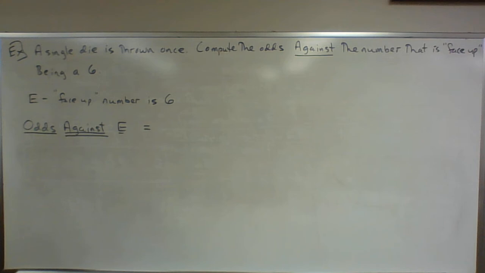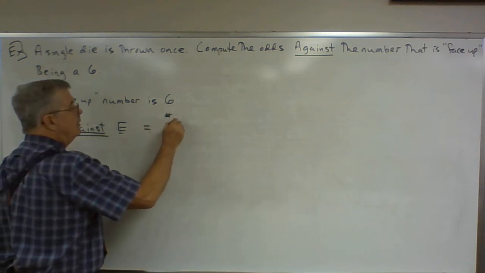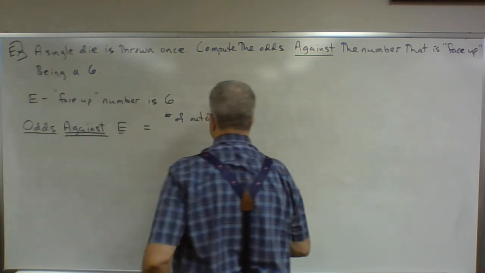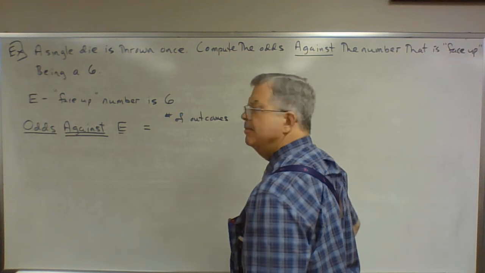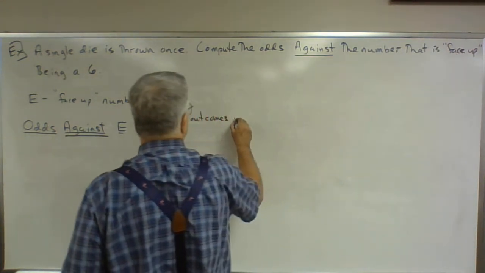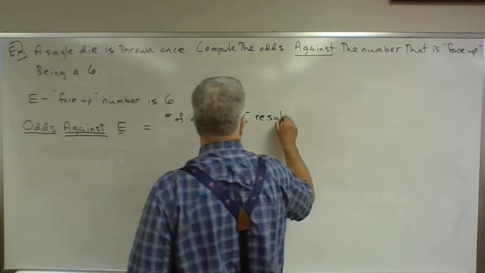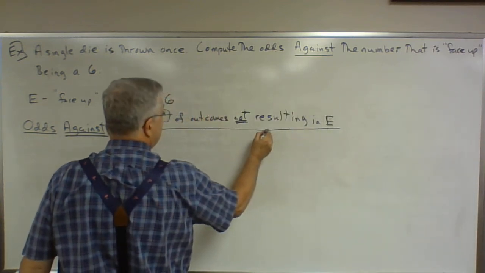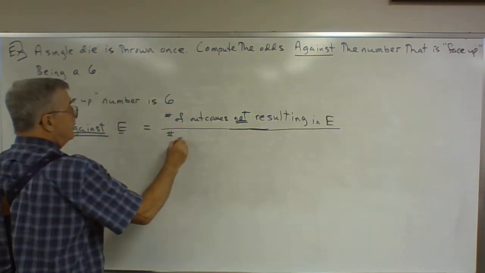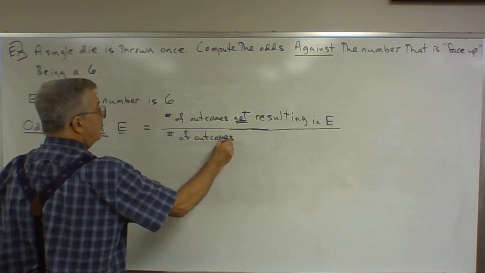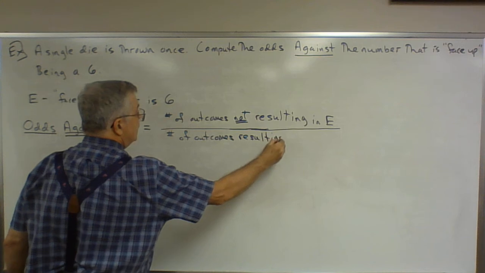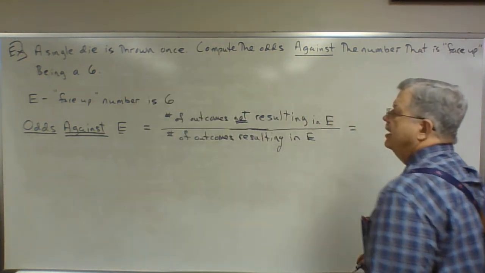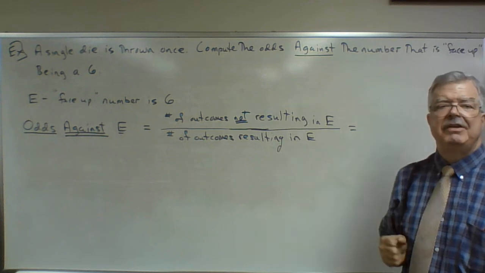The odds against E occurring, number of outcomes not resulting in E, over number of outcomes resulting in E. E is the event that the face-up number is a 6.